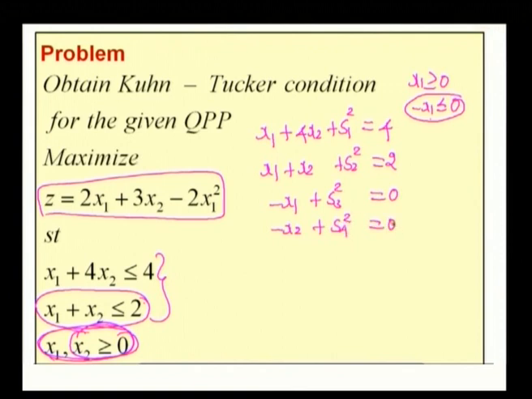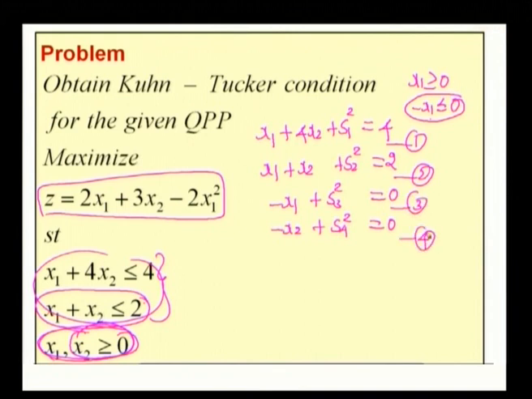So, by introducing the slack variables s1 squared and s2 squared greater than or equal to 0, the two inequalities become equation 1 and equation 2. By introducing the slack variables s3 squared and s4 squared, the non-negative constraints can be rewritten as equation 3 and equation 4.